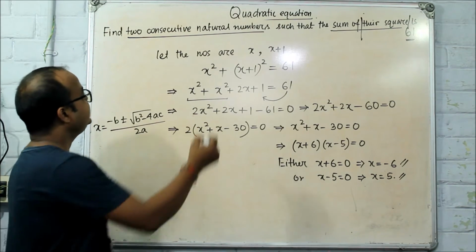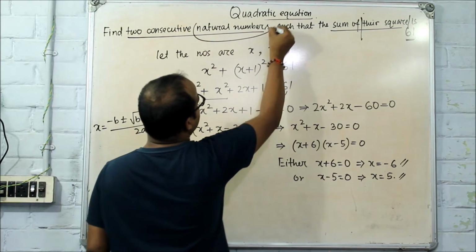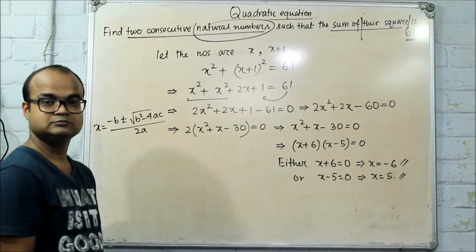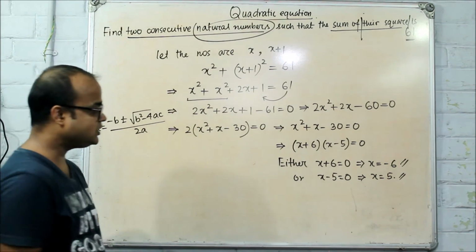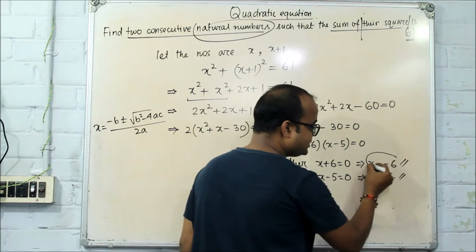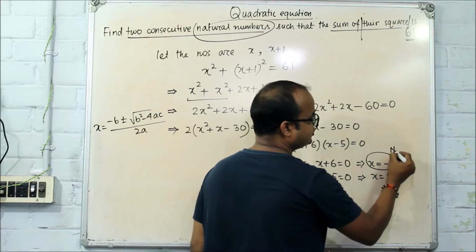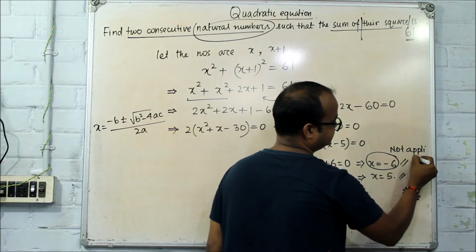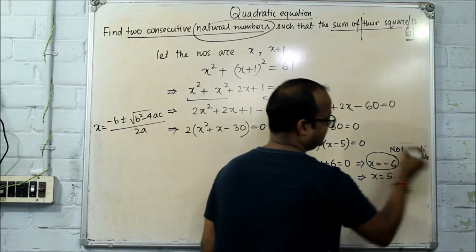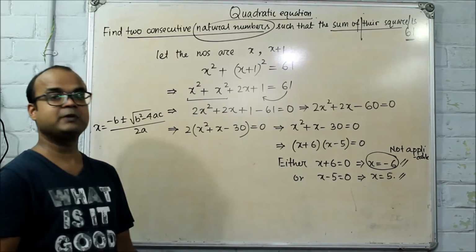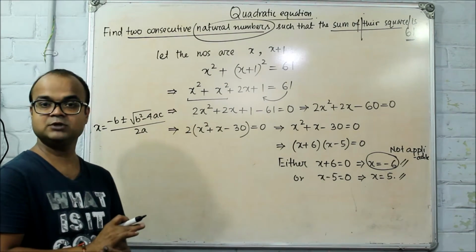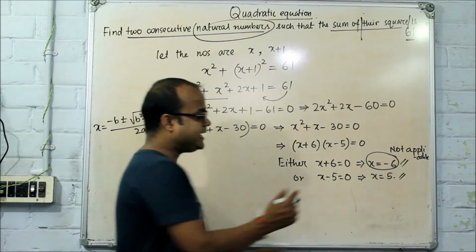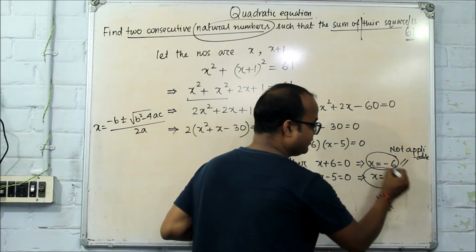Now you need to find the natural number. So x is equal to minus 6 is not applicable. Why is it not applicable? Because minus 6 is not a natural number. So x is equal to 5 is our answer.